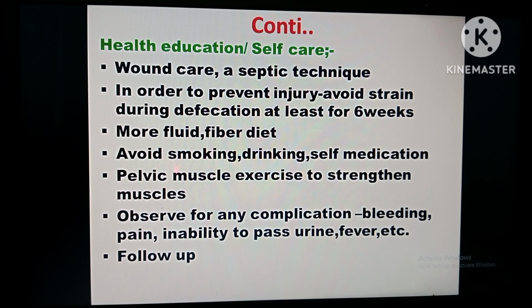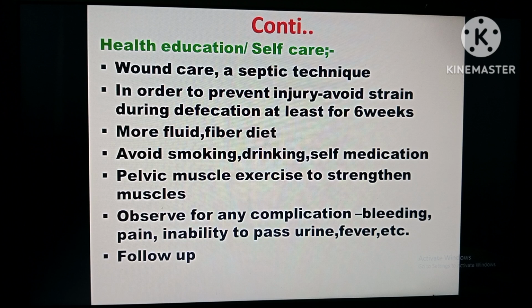That is sitting and standing and movement of the hands as well as the legs and some other exercises, and tell the client to observe for any of the above-told complications, bleeding, pain, inability to pass urine or fever. If anything, immediately seek the doctor in order to prevent further spread of a complication.